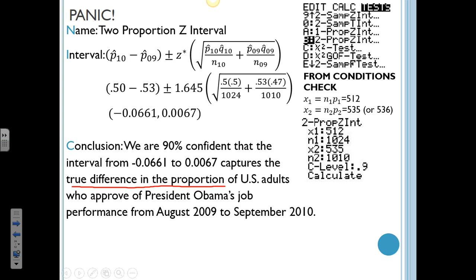Pretty easy. The ones that are hardest are the 2-sample t-test versus the matched pairs t-test. Those are the most difficult to differentiate, because they both deal with 2 different things. But the question is, is it from 1 sample or 2? And are they paired in a certain way?